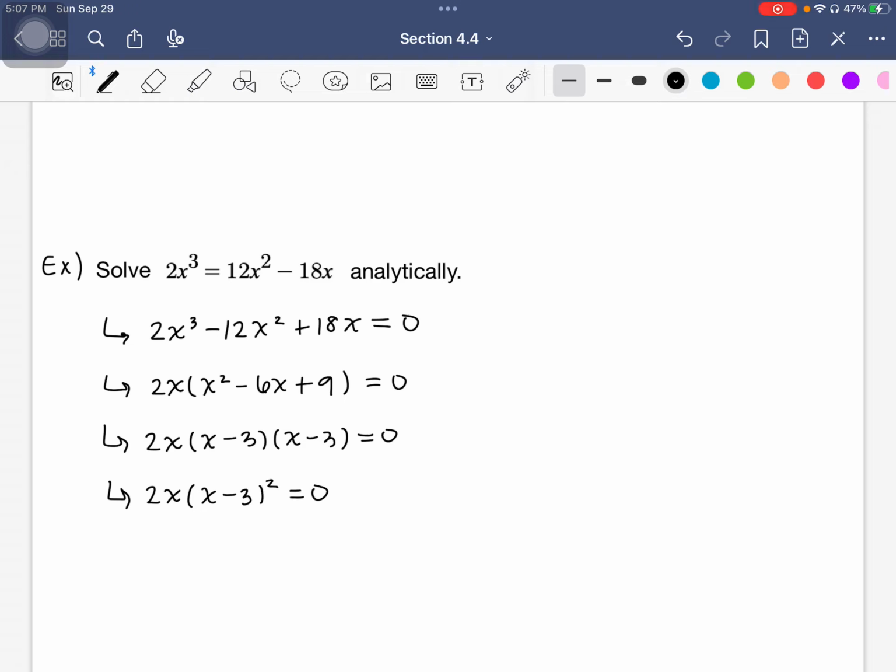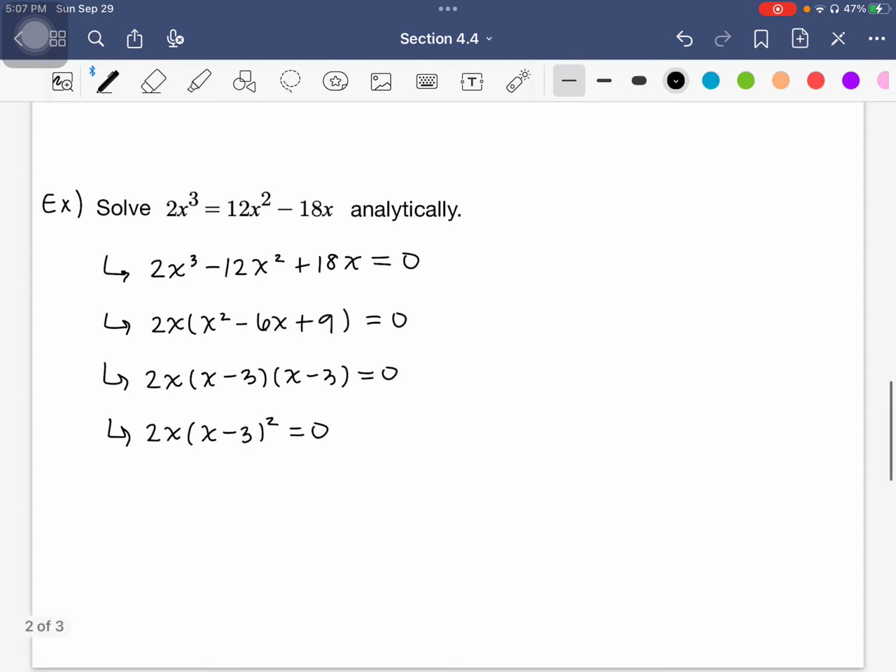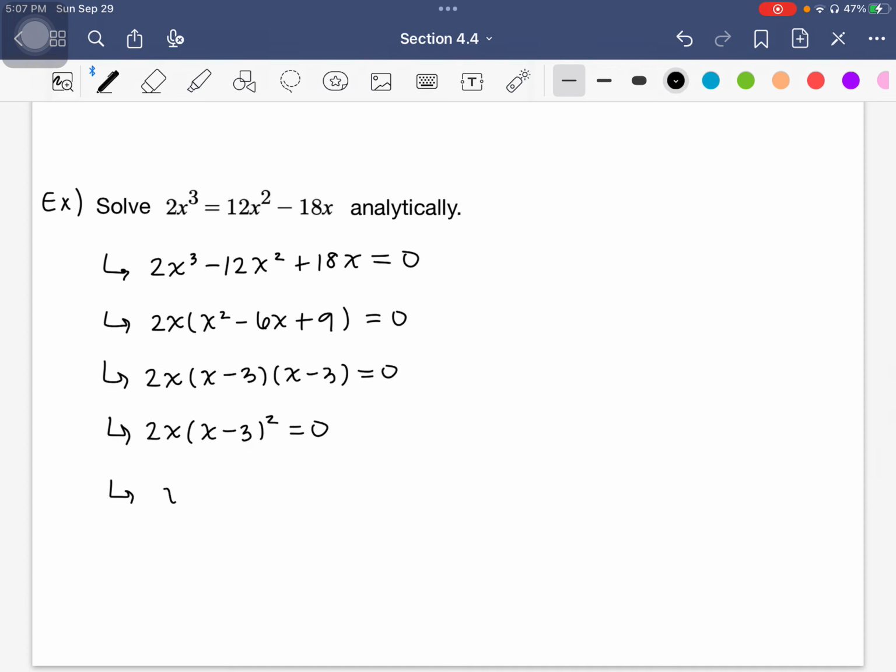If you remember from the last video, this means that this zero, x is equal to 3, has multiplicity 2. So then our zeros become 0 here and positive 3. And so our solution set is 0, 3.